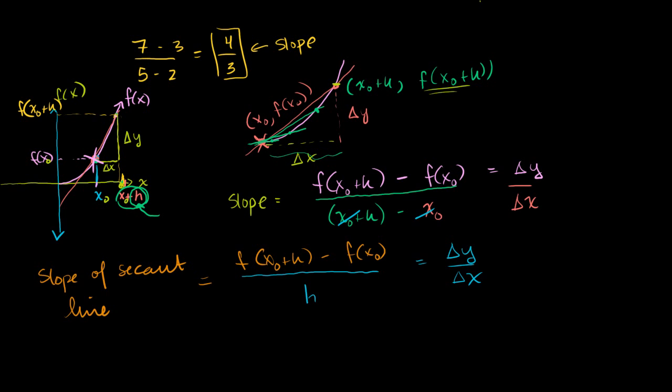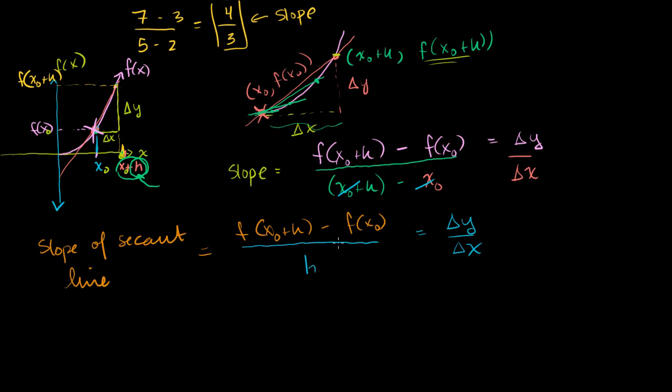So what happens if I take the limit as h approaches 0 of this? So the limit as h approaches 0 of my secant slope, let me switch to green, f of x naught plus h minus f of x naught, that was my change in y, over h, which is my change in x.